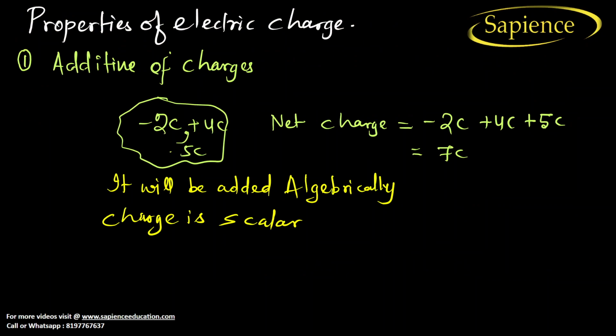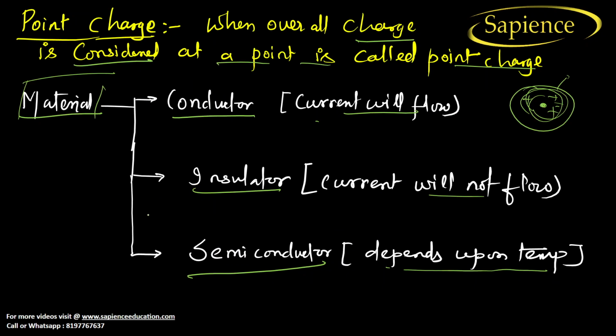Okay, so how does this happen? See, in a conductor, there are free charges. But in an insulator there is no free charge.